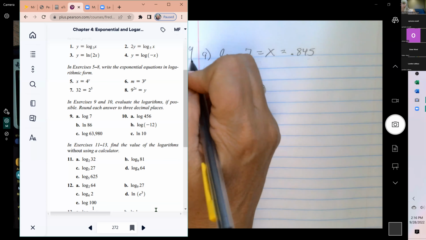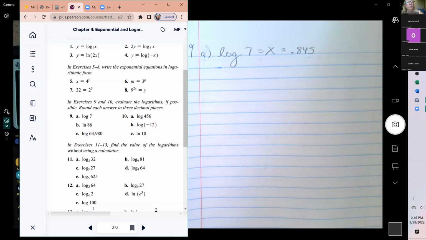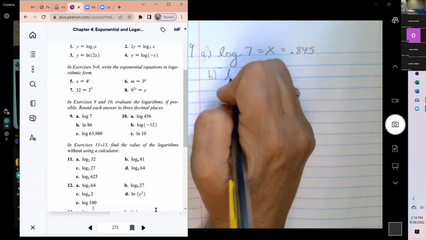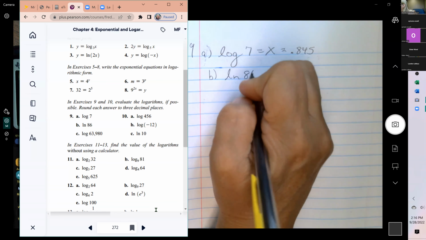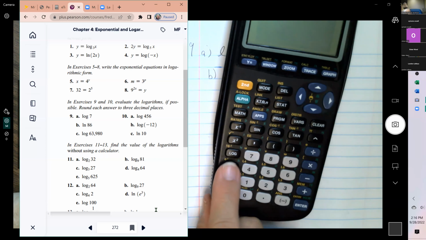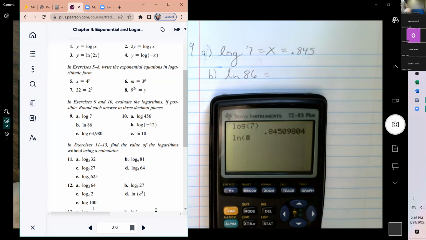So this was 9A. These are just making sure you know where everything is in your calculator. The natural log of 86. The ln button is usually somewhere near your log button. ln 86 is 4.454.